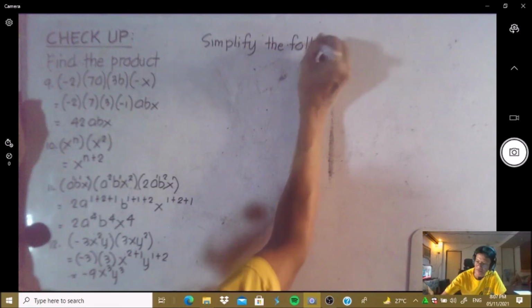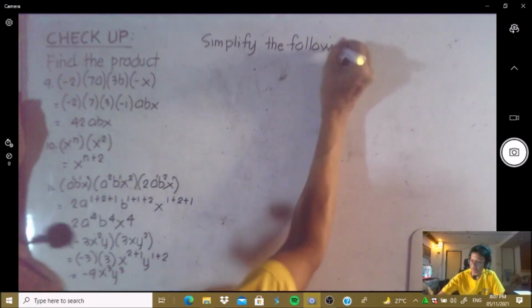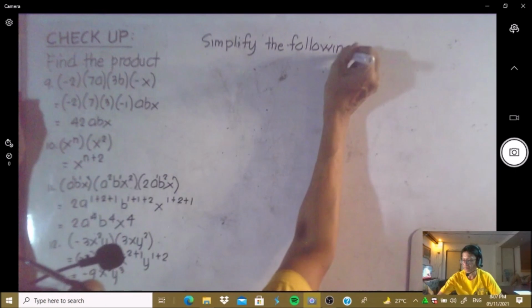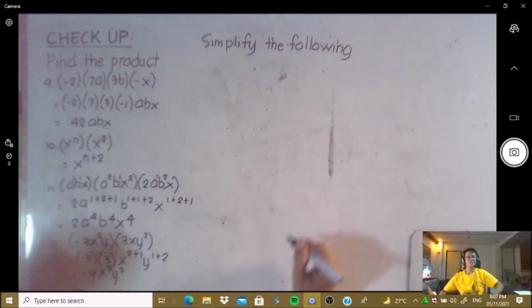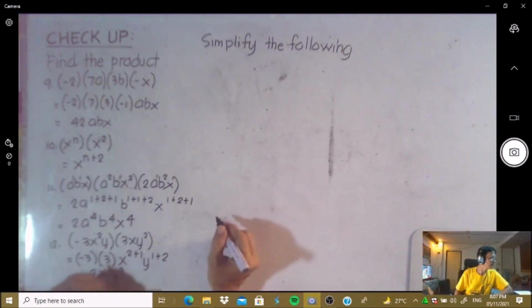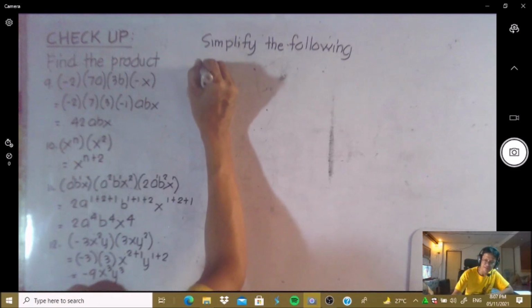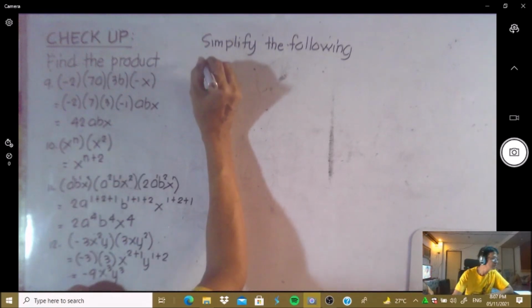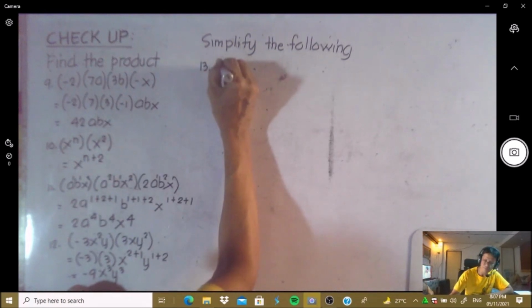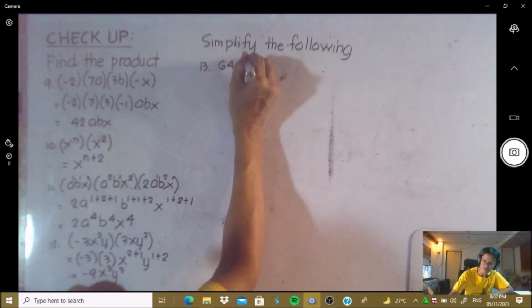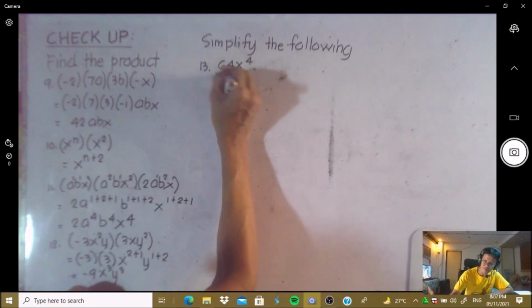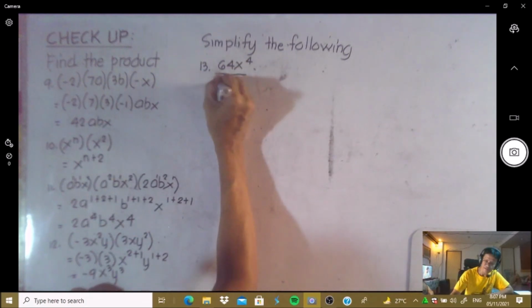Okay, so for number 13, we have 64x raised to 4 divided by negative 8x squared.